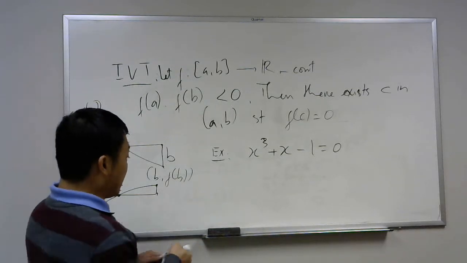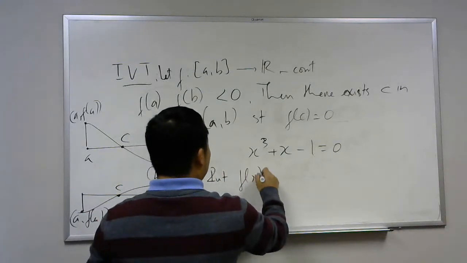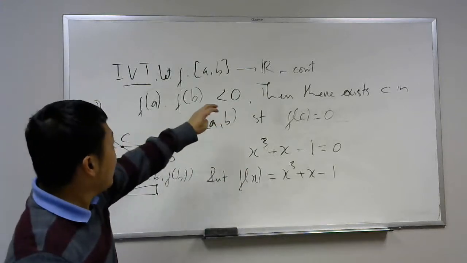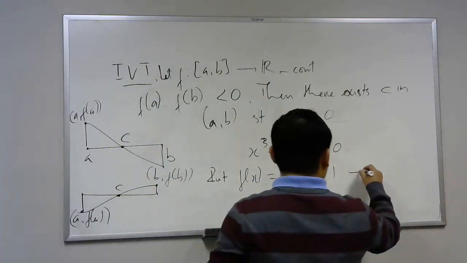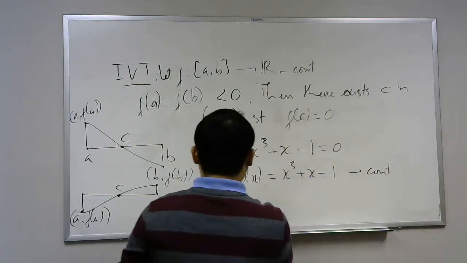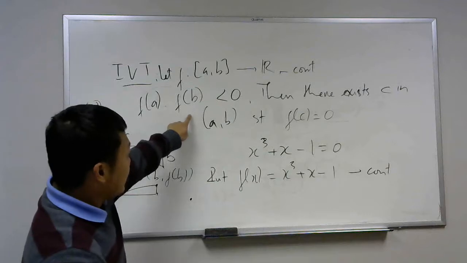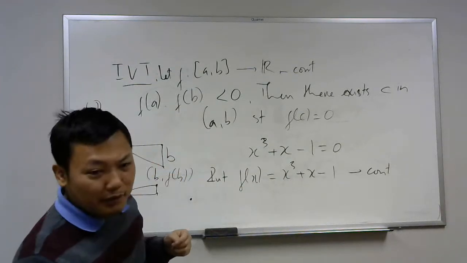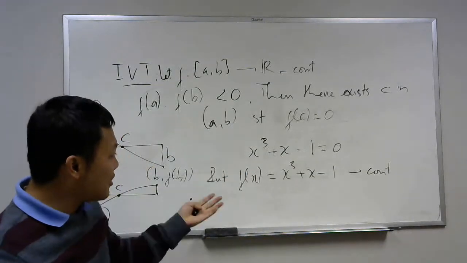All right. So if I put f(x) equal to x cubed plus x minus 1, the first thing I need to write is that the function is continuous. So this function is continuous, and we have the first condition. Secondly, I need to pick a and b. The first point I choose is 0, because if you plug 0 into that function, you get -1.